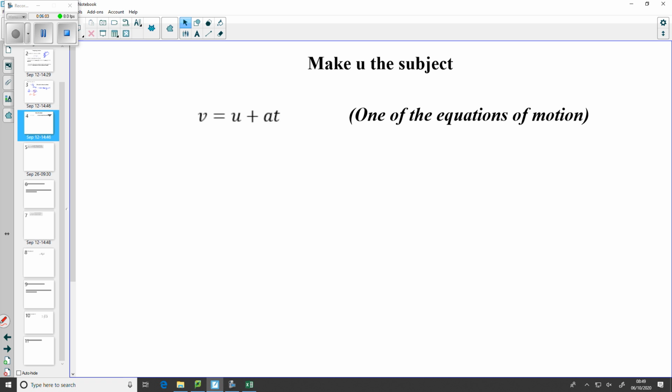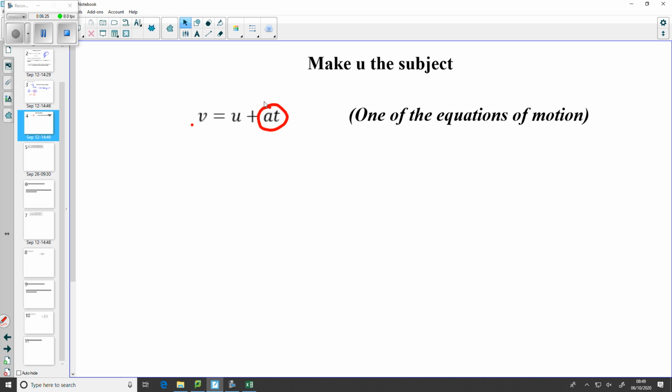You don't need to worry too much about that at the moment, but that's what it is. What we're interested in is making u the subject of that equation. So we want to get this at over to this side.